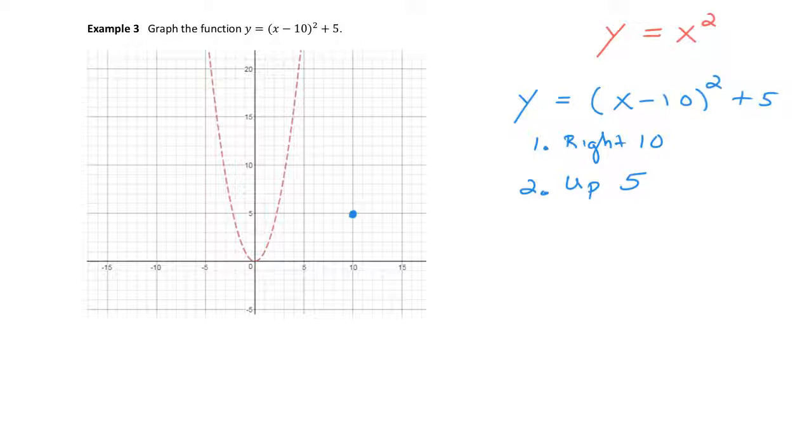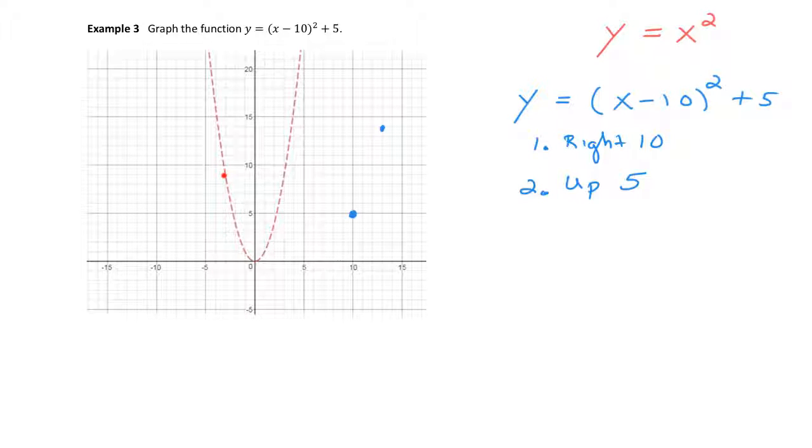And I'll use 2 others. This one was (3, 9). If I go 10 places to the right, that is now (13, 9). And if I go up 5, that's (13, 14), which is right here. And for one other point, just for symmetry, here we have (-3, 9).